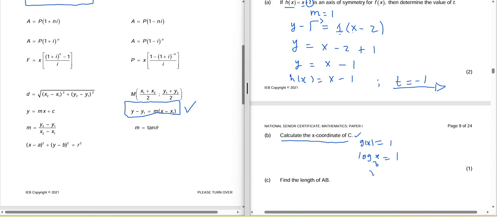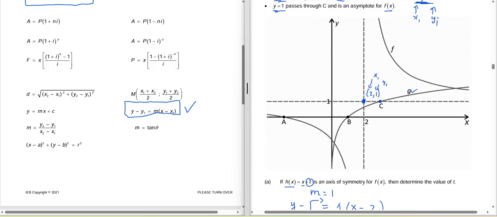So that means the x value is going to be 3 to the power of 1, remembering our laws of logarithms, which is just 3. So we know that your x value will be 3. And the coordinate of C will be (3, 1), because our y value will be 1 at that point. So the coordinate of C is (3, 1).